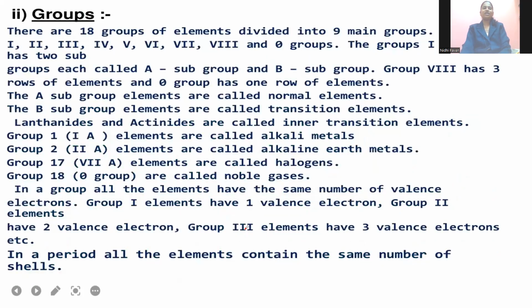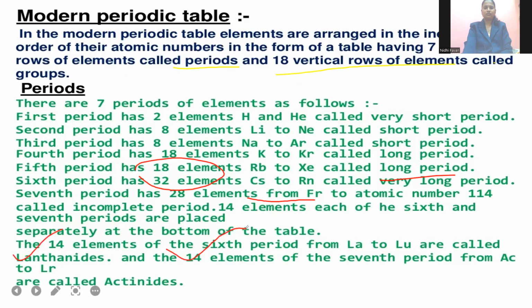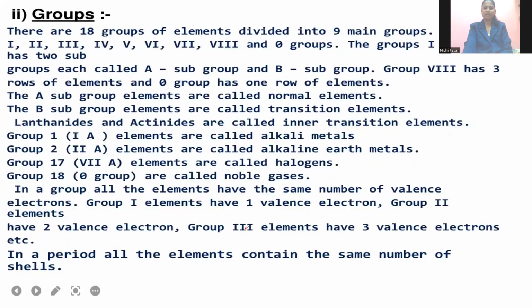Next, regarding the groups, there are 18 groups, again divided into main groups, numbered with Roman numerals.